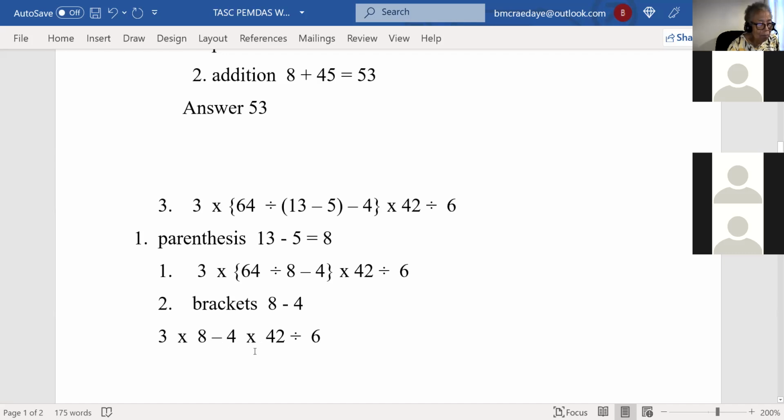Now, what do we do next? So we go according to PEMDAS. What's the next thing we do? Multiplication. 3 times 8 is 24. Okay, you say 3 times 8 is 24.